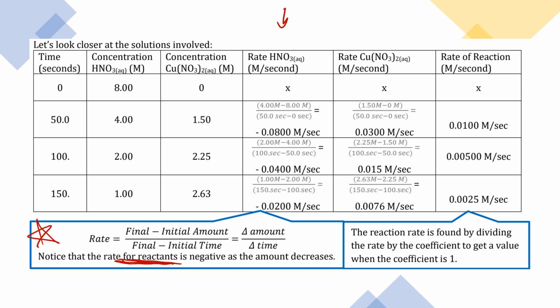That's how you get the 0.0100 molar per second. So, for example, the rate from 50 to 100 seconds in copper(II) nitrate is 0.015 molar per second. You divide it by the 3 from the balanced reaction in the previous slide, and then from there you'll get your rate of reaction, 0.00500 molar per second.